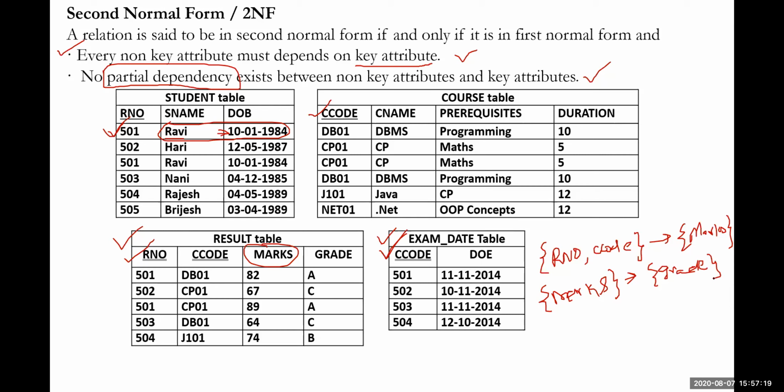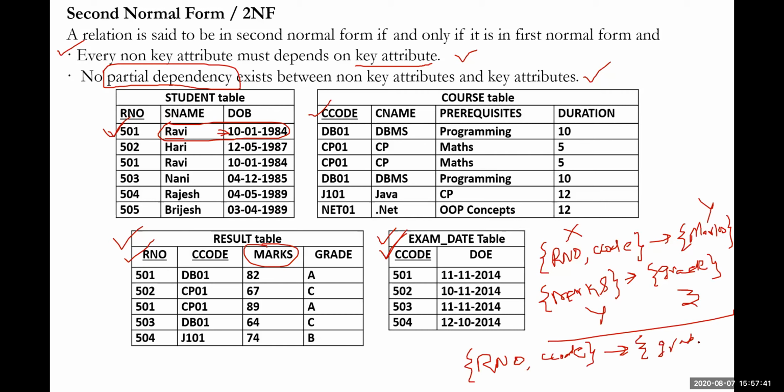Here you could observe this is X, this is Y, and this is Z. Therefore, there is a transitive dependency between register number, comma, course code, and the grade here.